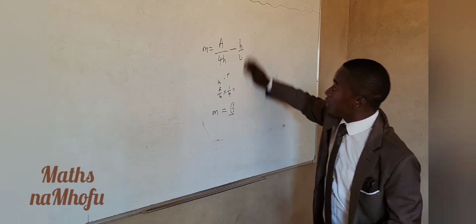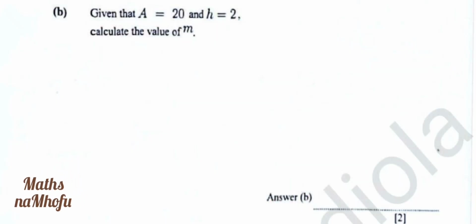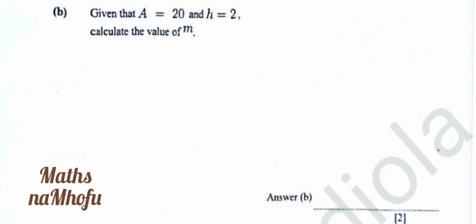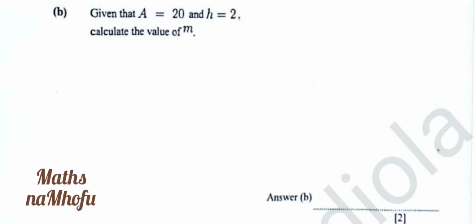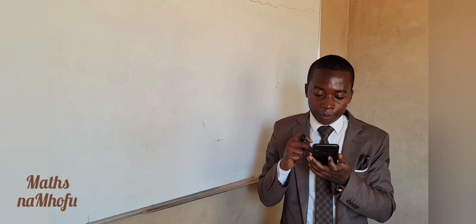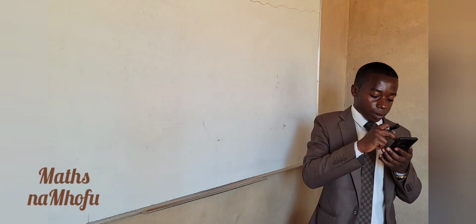Now let's move on to the other question, question number 19b. Given that A equals 20 and H equals 2, calculate the value of M. Let me tell you something.